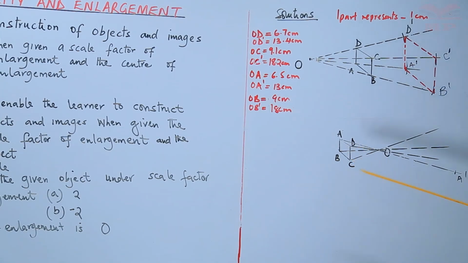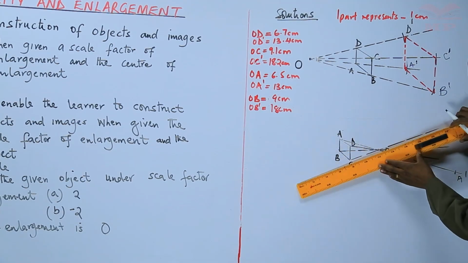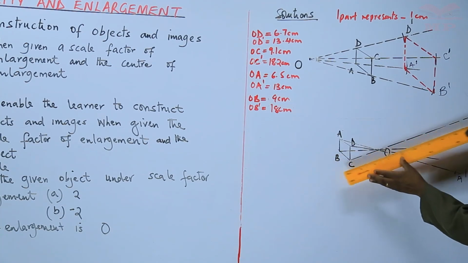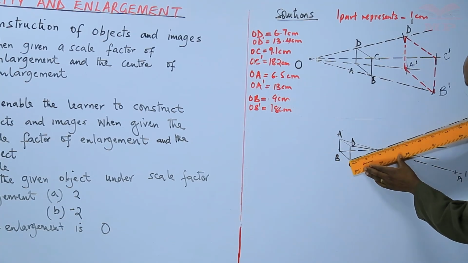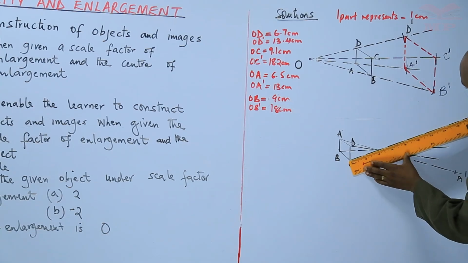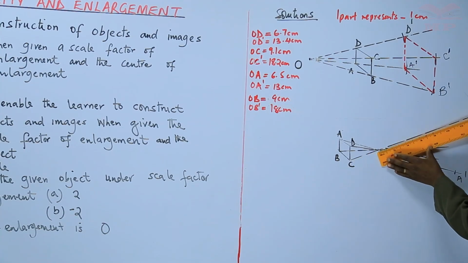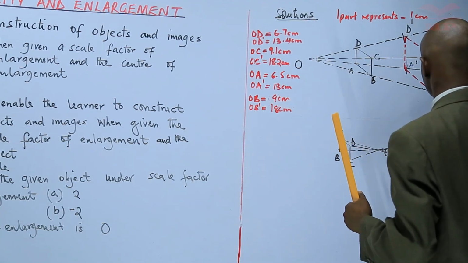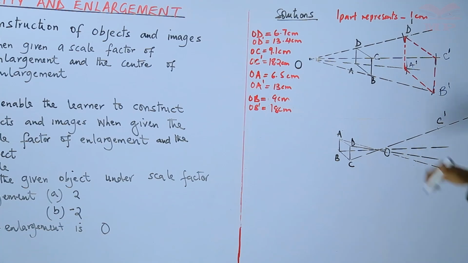You'll also come to C. Make sure you prolong. To the center of enlargement C, that is 4.5. So from that center, this will be 9. So my C prime is here. You double from the center of enlargement.